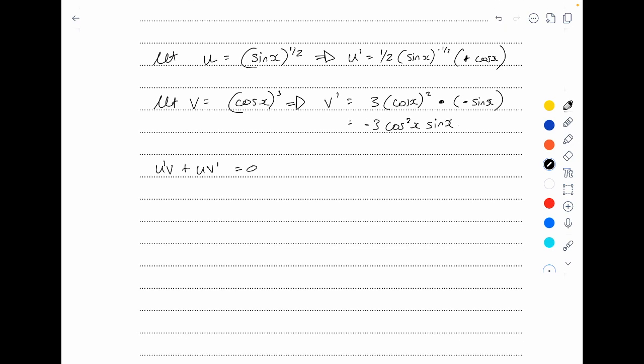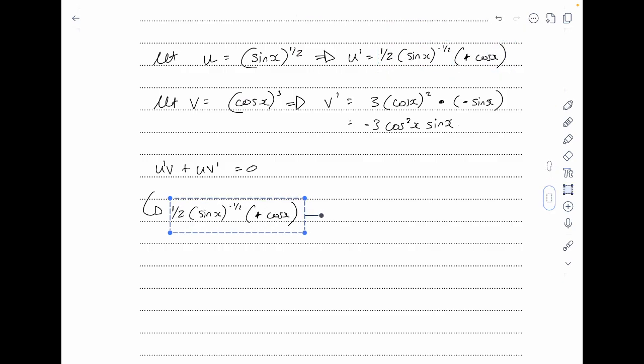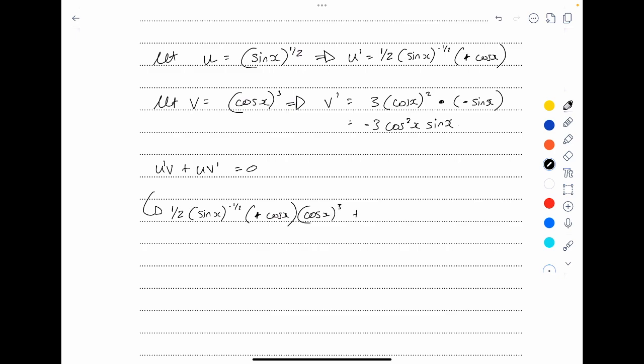So therefore what we have here is, in this expression, multiplied by this expression, plus sine x to a half, times negative 3 cos squared x sine x. I'm going very slowly here.